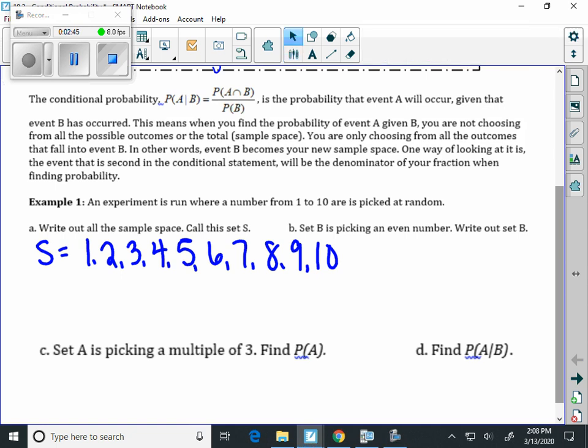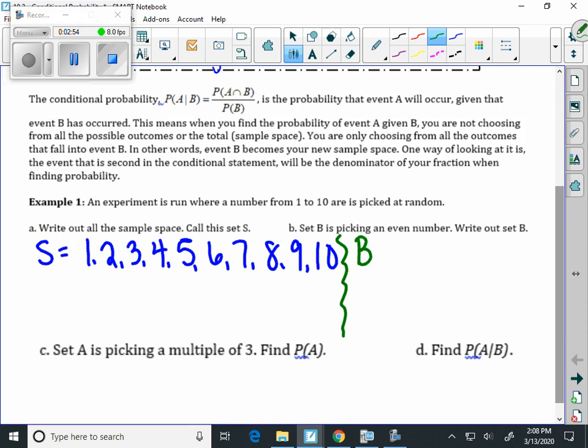We look at part B here. It says set B is picking an even number. So we're going to look back at our blue sample space and figure out what the even numbers are. Our even numbers are 2, 4, 6, 8, 10.